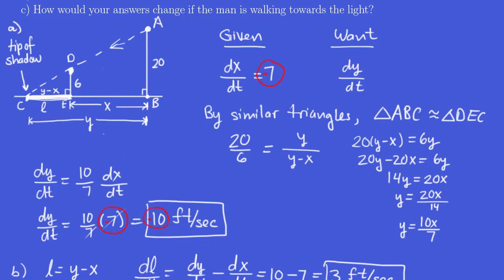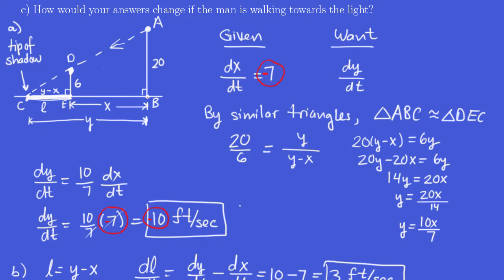So what that means is that the tip of his shadow would be moving towards the base of the lamppost, since the man is moving towards the base of the lamppost. And the speed of his shadow is actually the same, it's 10. It's just moving towards the lamppost instead of away from it, like it was before.